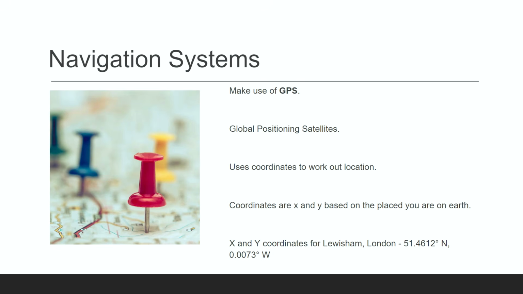For example, for Lewisham, London, this is the X and this is the Y. If you copy this or type this into Google, 51.4612 and minus 0.0073, you will actually get the location of Lewisham. And this is what the satnav actually sees. It then just converts it to something that we understand, which in this case is Lewisham, London.